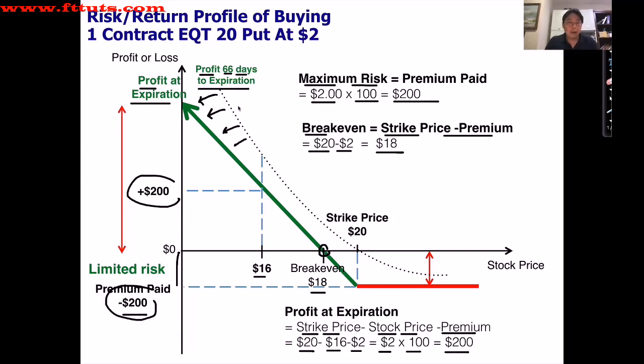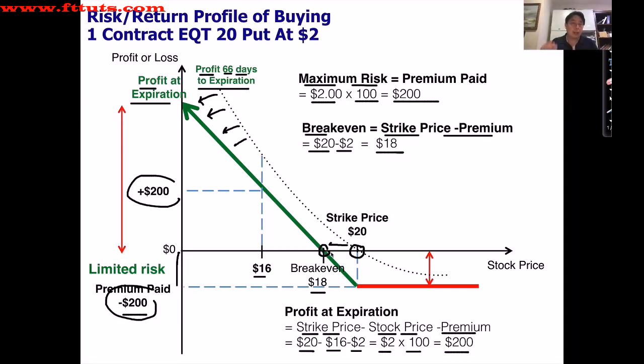So currently, while I have 66 days left, my break even is at $20, which is where I buy it right now. So if I were to buy the option right now and sell it right now, I'll break even at $20. But if I wait to expiration, the break even becomes $18.